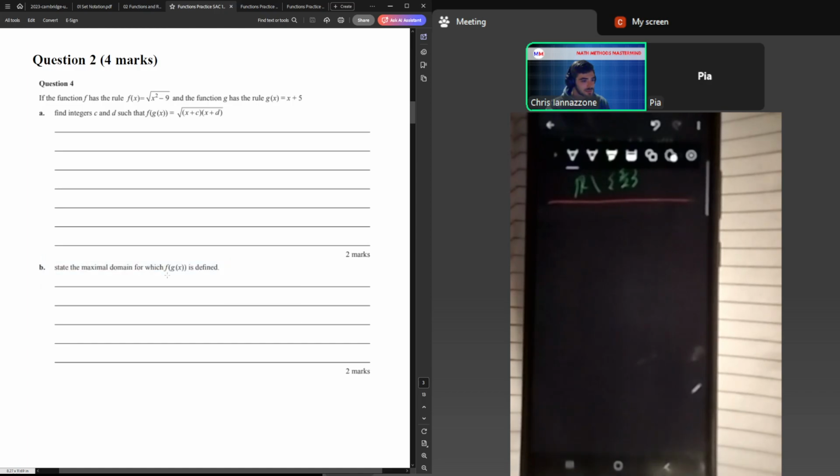And then, now that we have that, we want to state the maximal domain for that composite function. A bit trickier here.